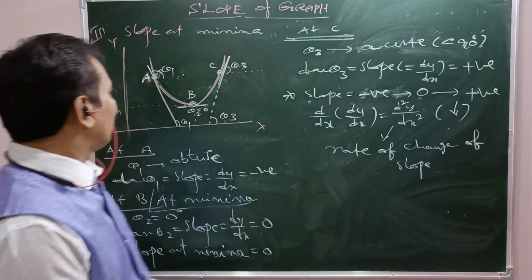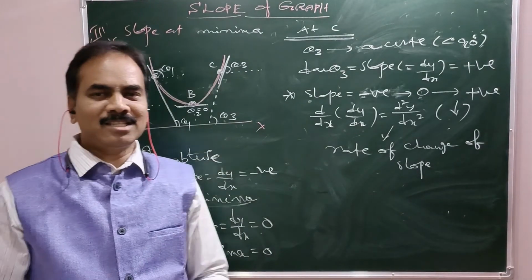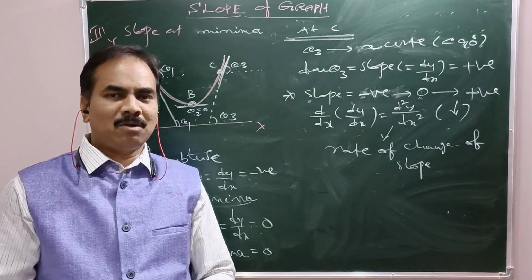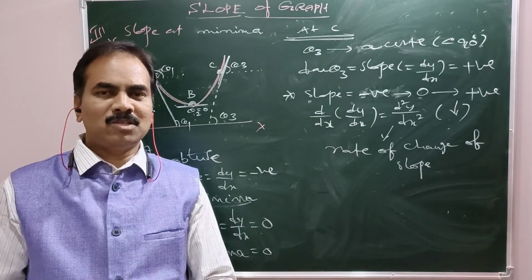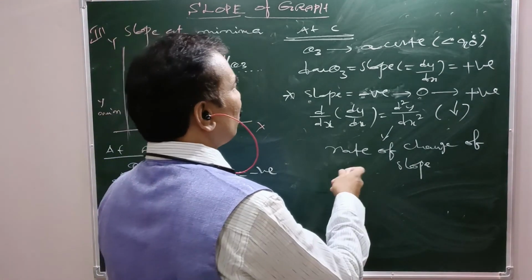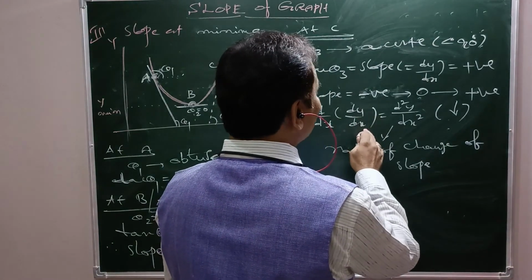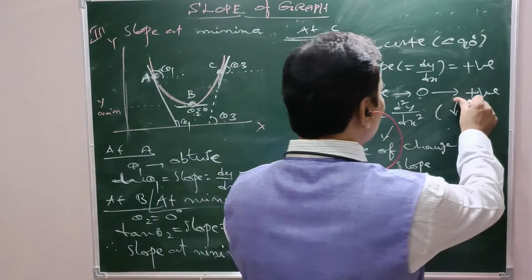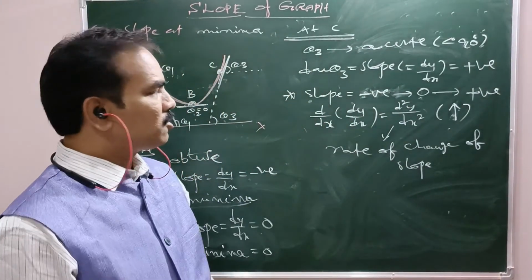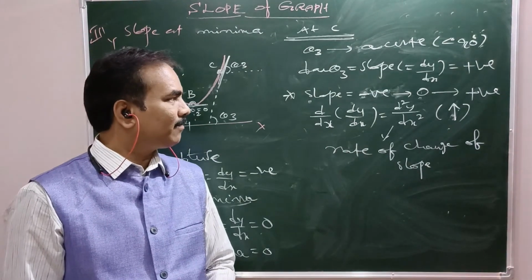Any value that changes such that -2 to -1, -1 to 0, 0 to +1, +1 to +2 is said to be increasing. So here slope is increasing. So d by dx of dy by dx, that is d square y by dx square, is increasing. So the rate of change of slope is increasing.